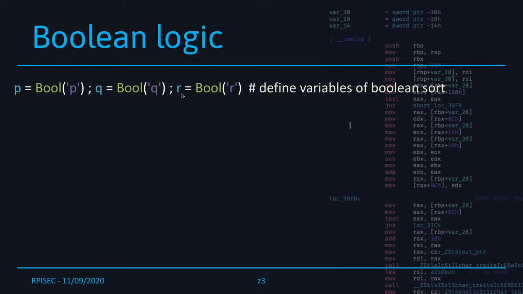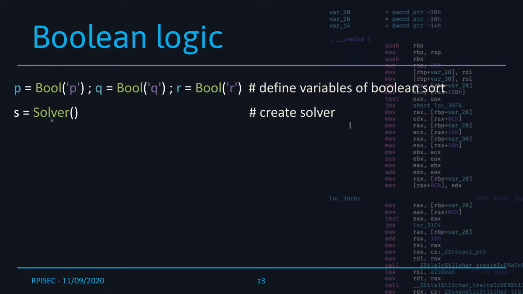If you'll notice here, we have a Python variable, and then we also need to tell Z3 what the name of this variable is. So this syntax looks a little bit funky because we're saying we have a variable named r, and also this Z3 variable is also named r. So this is just going to be used for Z3's internal representation. This is going to be used for interfacing with that variable from Python.